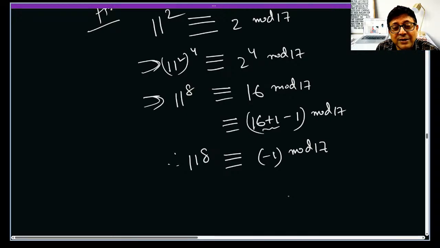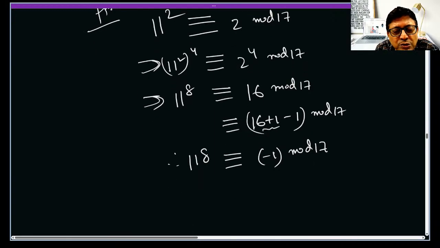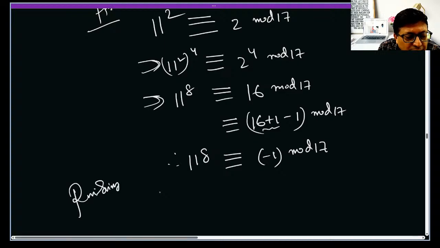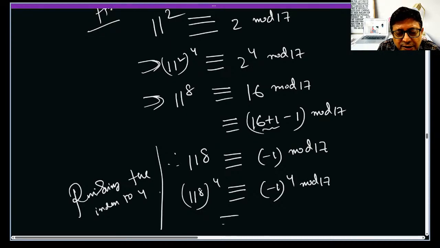Now what you require? 11 to the power 34. You think how to get it? Have I got it already? Just check. No. If I raise the power to 4 on both sides, raising the index to 4 on both sides, minus 1 to the power 4 will be congruent with 1 mod 17.